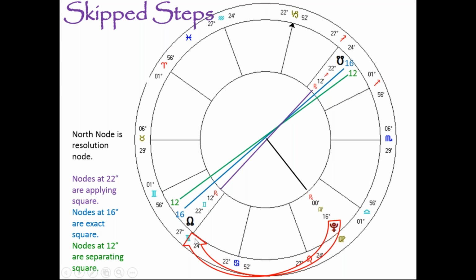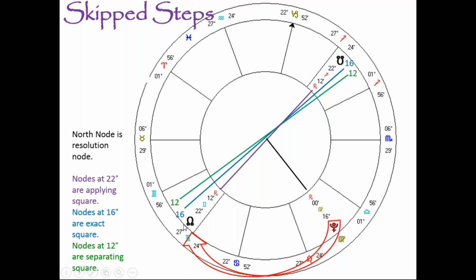However, here's the math. In this case, the nodes are at 22 degrees Gemini. So in following this purple line, starting with Pluto, if we reverse through the zodiac, we have not yet got to 90 degrees. The nodes are actually applying squares to Pluto.